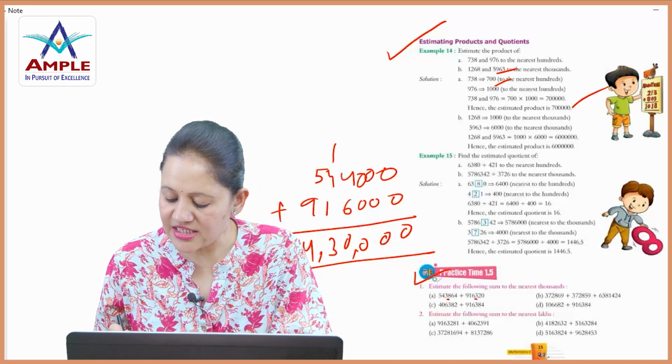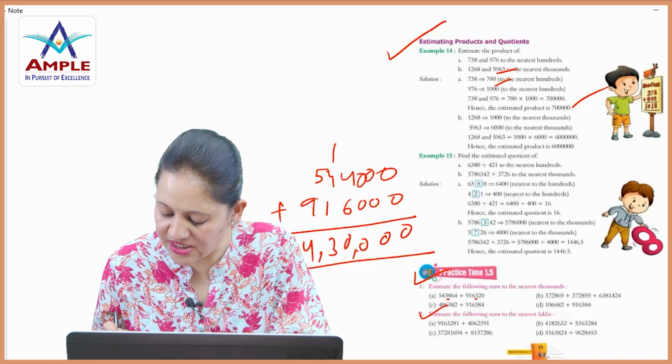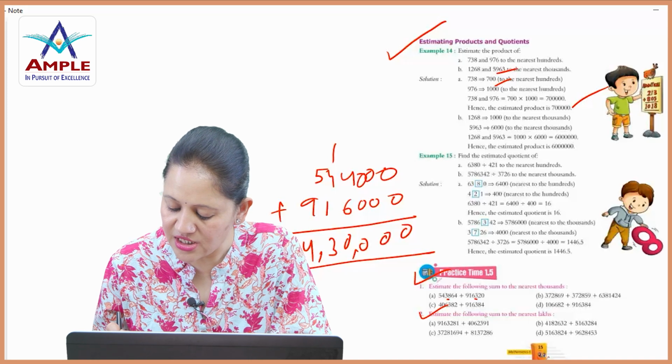Next is estimate the following sum to the nearest lakhs. That means we will see the digit at the 10,000 place. Ones, tens, hundreds, thousands, 10,000. Here it is 6.